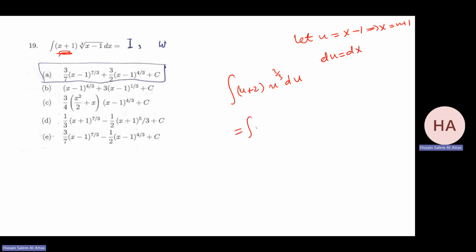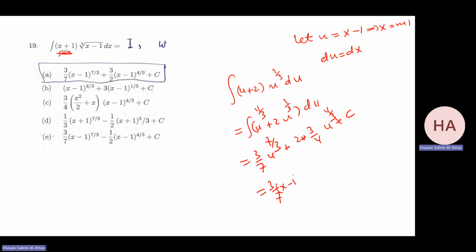That will be what? u to the power 4 over 3 plus 2u to the power 1 over 3 du. That will be 3 over 7 u to the power 7 over 3 plus 2 times 3 over 4 u to the power 4 over 3 plus c. So that will be 3 over 7 times x minus 1 to the power 7 over 3 plus 3 over 2 times x minus 1 to the power 4 over 3 plus c, which is this one.